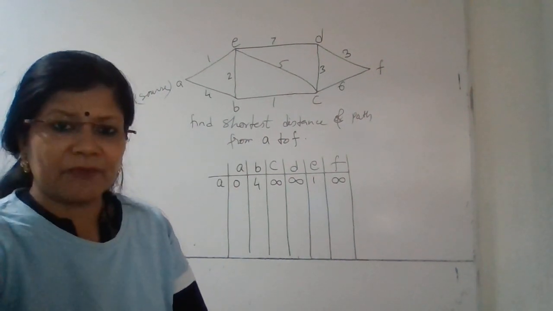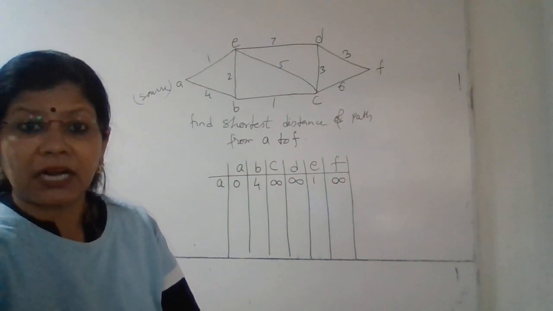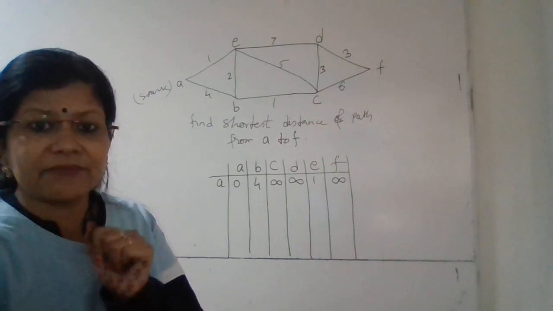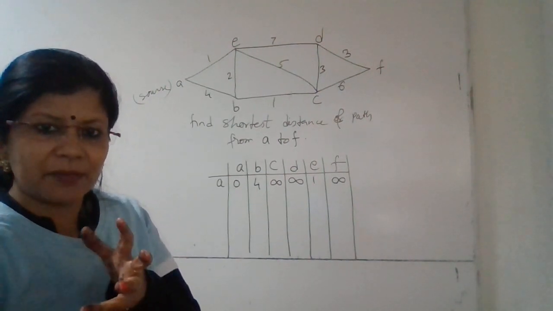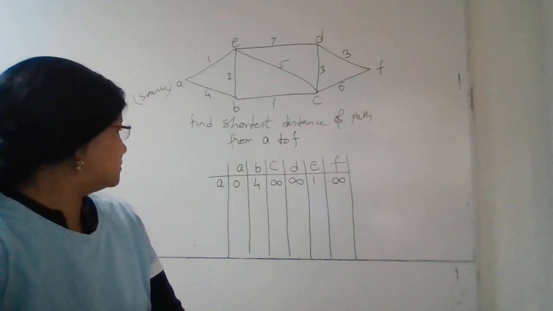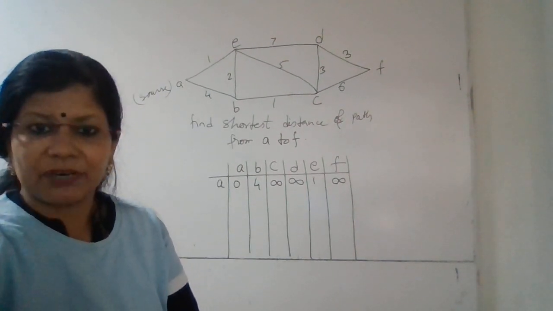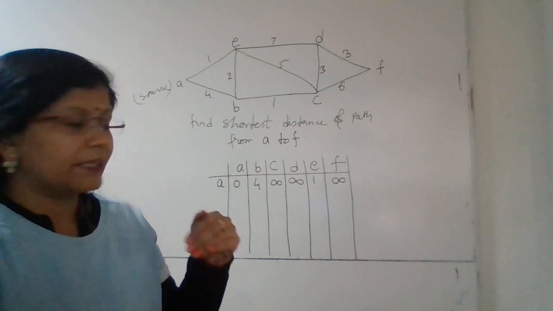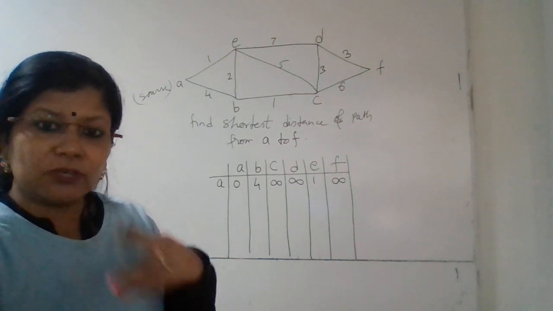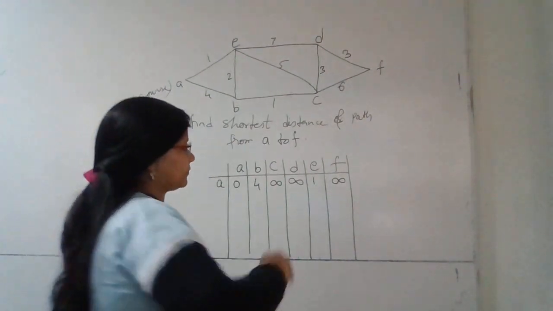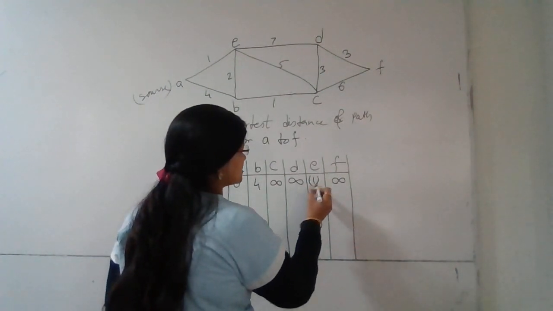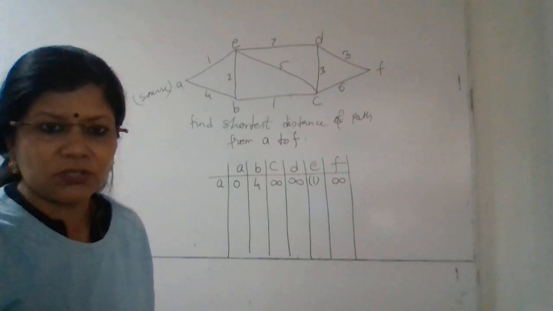Now check the minimum value from A to other vertices, not the same vertex. Same vertex distance is 0, which is the minimum, but don't move to the same vertex. So the minimum value is 1.